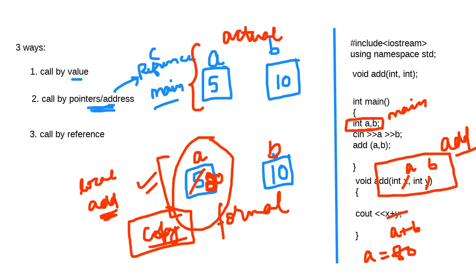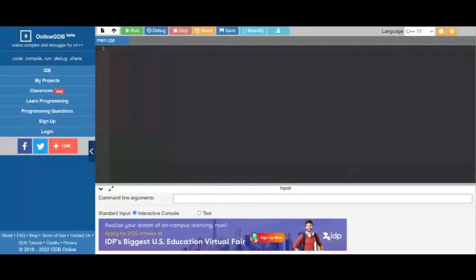Right. So let's execute the same thing on the compiler also. Let's do this same thing on the compiler. Hash include iostream.